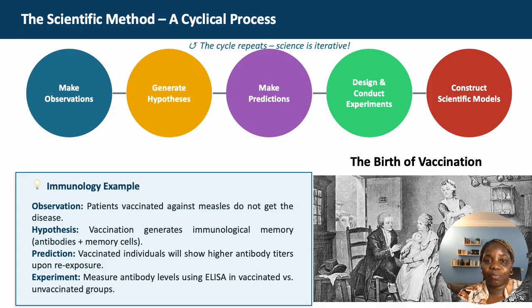The experiment was the inoculation of this little boy, controlled in the sense that Jenner followed up with a deliberate smallpox challenge to test the predicted protection.